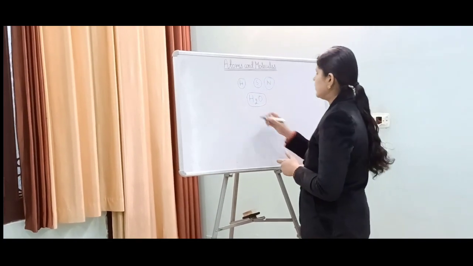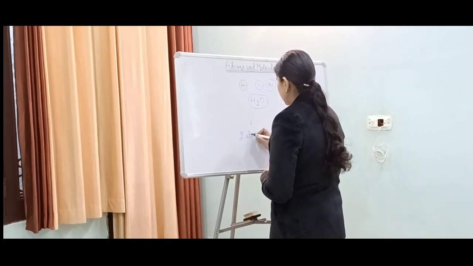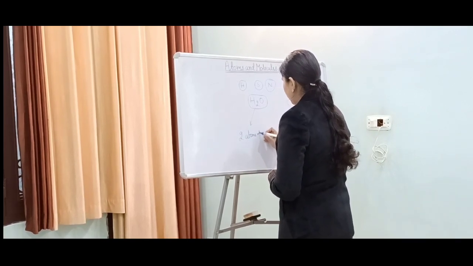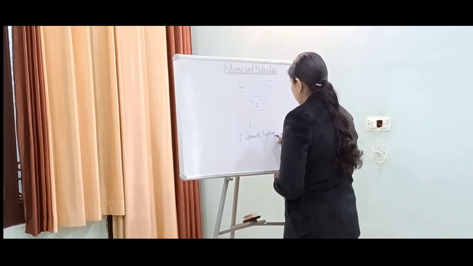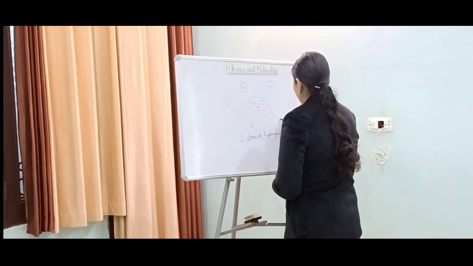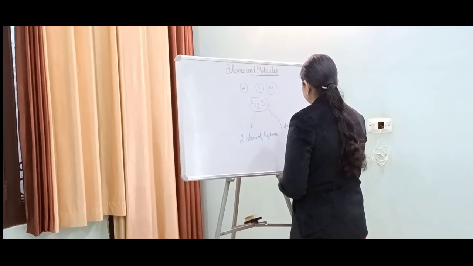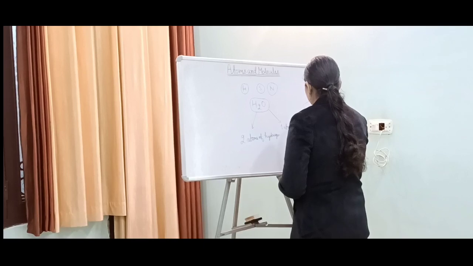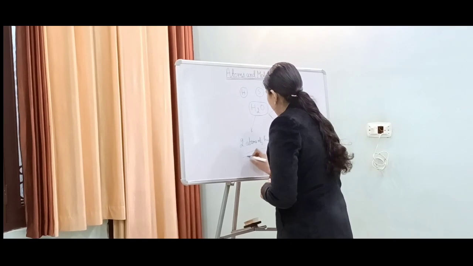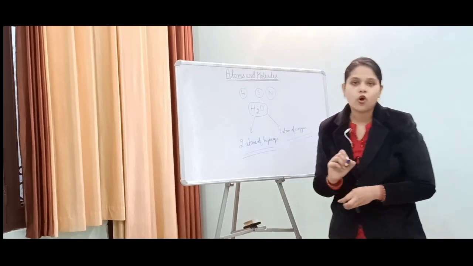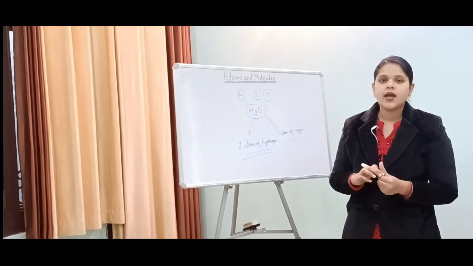Here we have two atoms of hydrogen and one atom of oxygen. So a molecule is made up of two or more atomic particles. That thing is known as a molecule.